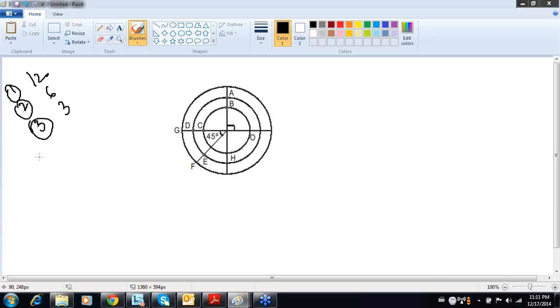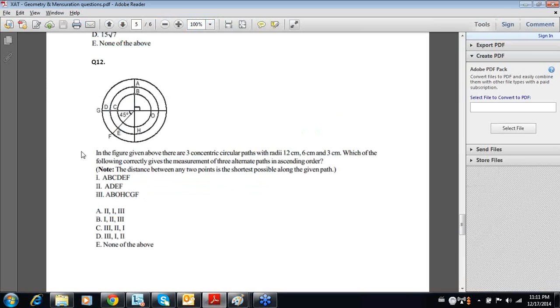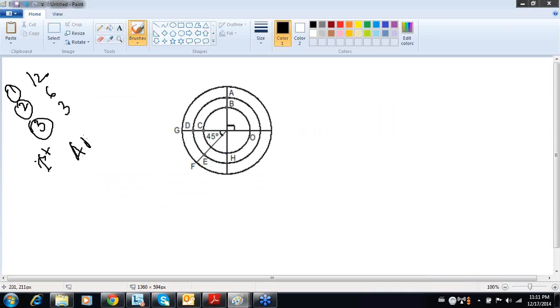Now first path is what? First path is A, B, C, D, E, F. Okay. Let us calculate. So it will be what?